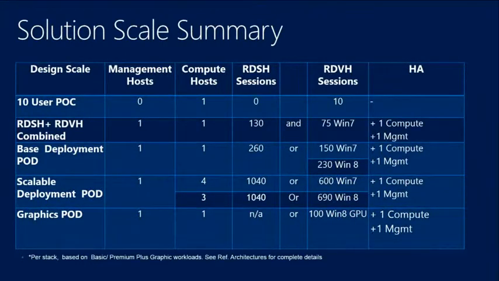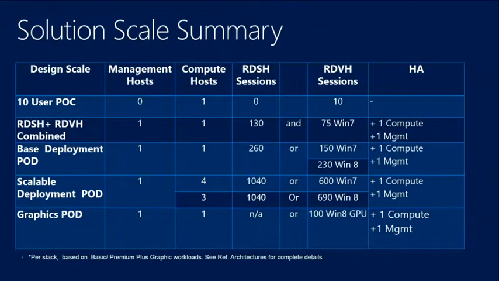So just to give you a summary of the findings and how you can scale up different sessions on different solutions. You remember our base deployment pod, the 10-user POC with 1 compute host, you can go up to 10 virtual desktop sessions.